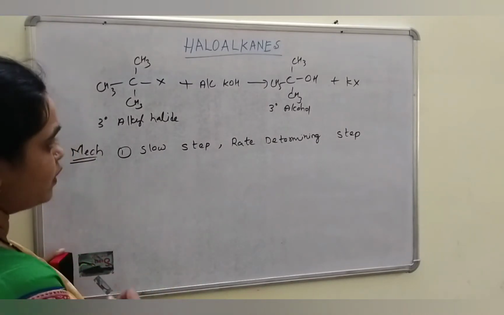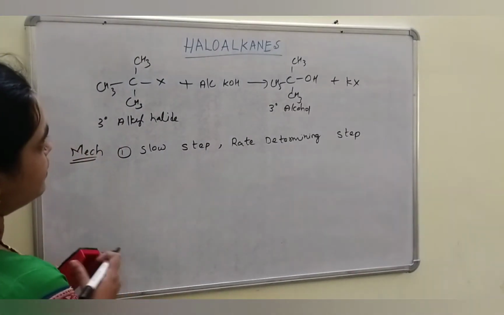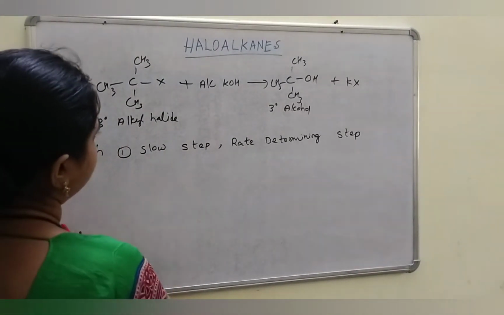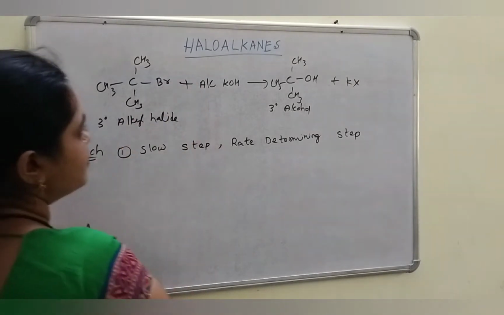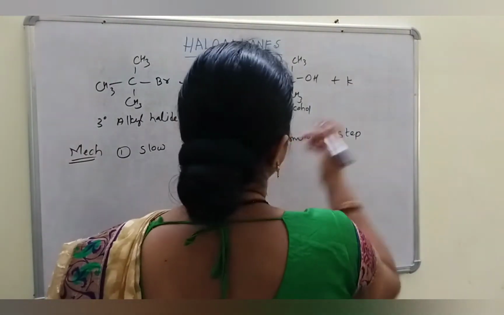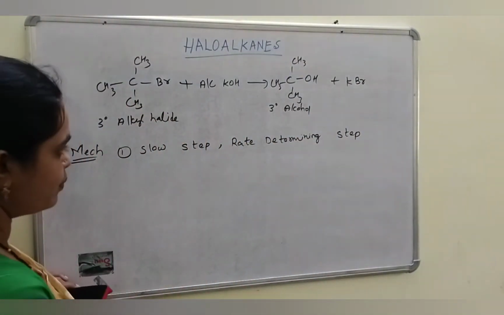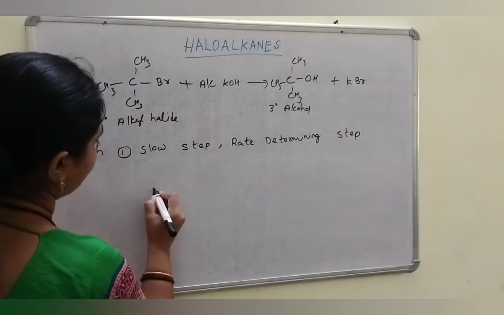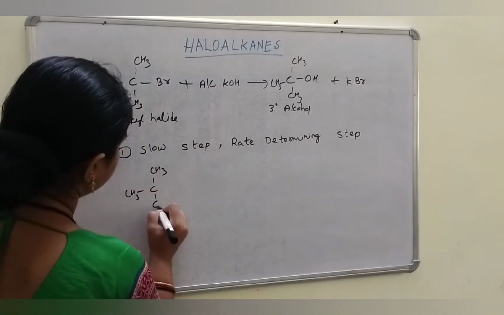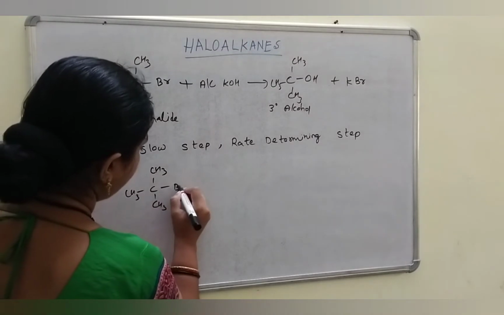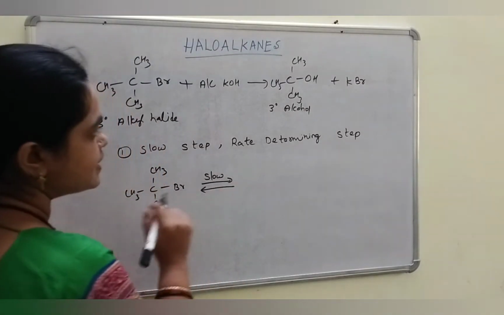In the first step, a tertiary carbocation and the bromide ion are formed. Here I have taken the halogen as bromine, so KBr. CH3, CH3, CH3, Br, slow step, and this is reversible also.